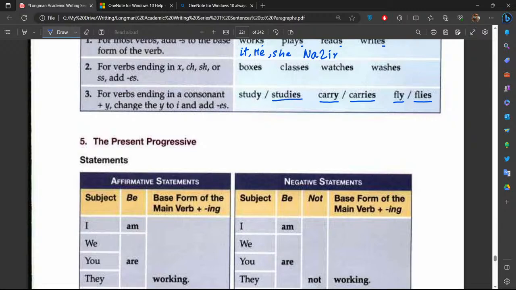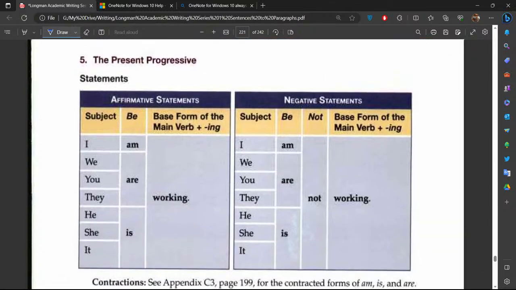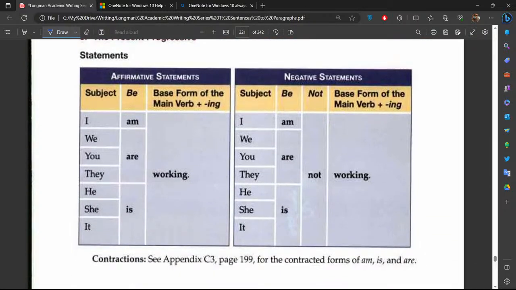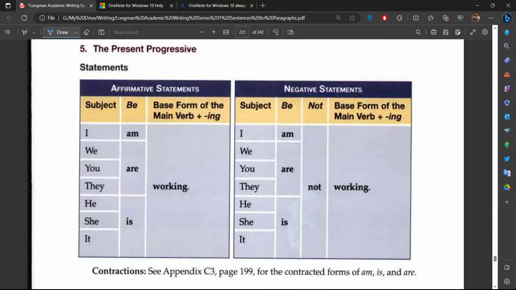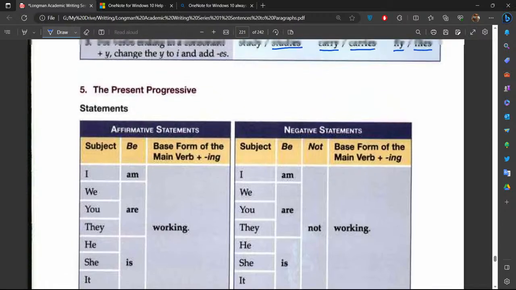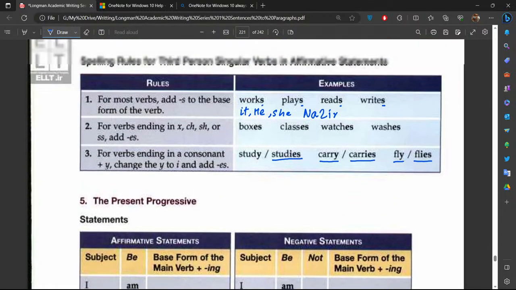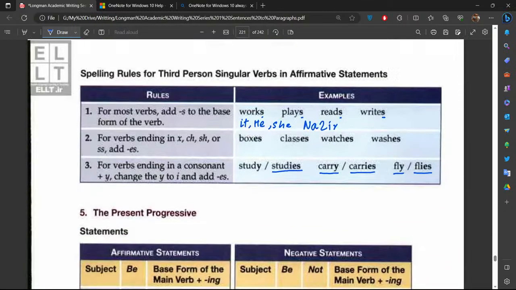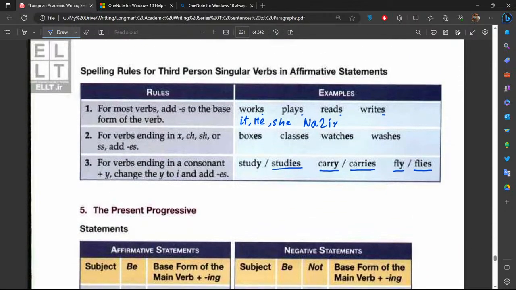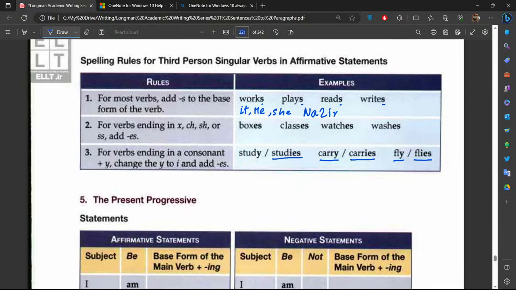But I study, we carry, they fly. So here the present progressive. Okay, present progressive we haven't studied yet. So these are the only spelling rules that we had to study. We had to read from here, and now let's return to our page.